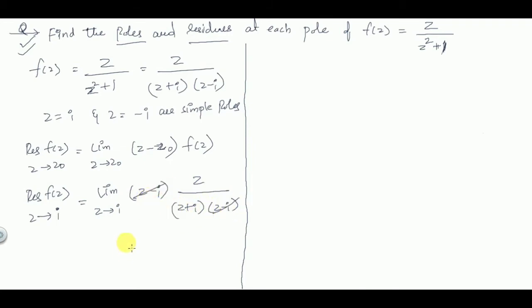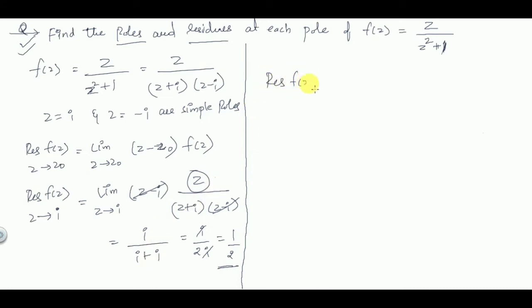So z minus i gets cancelled, so it will be i by i plus i, in the place of z I am substituting i. So this is i by 2i, so i gets cancelled, so it will be 1 by 2.